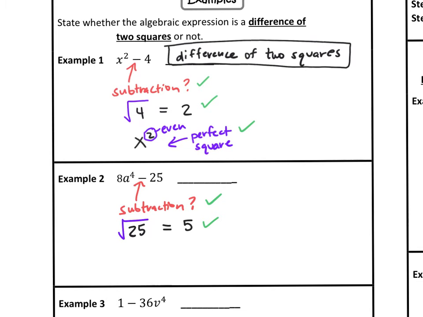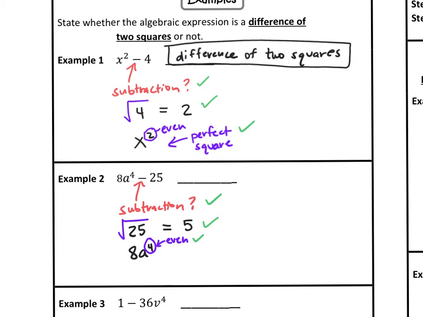Now, what about the first term, 8a to the fourth? Well, is the exponent even? Yes.